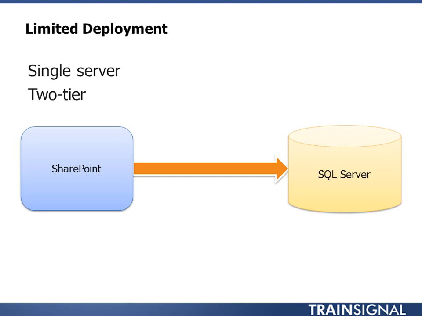One of the possibilities is to do a single server deployment with both SharePoint and SQL on the same box, or a very basic two-tier where you have SharePoint on one box and SQL on another box. This is ideal for very small organizations, or sometimes you may have a department that requires their own SharePoint deployment.